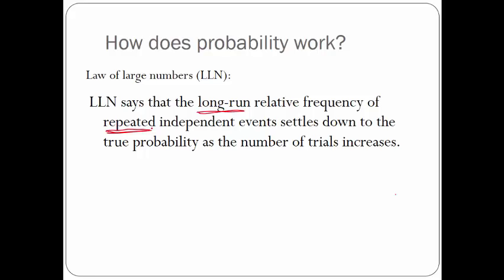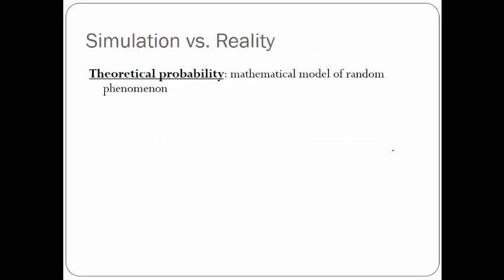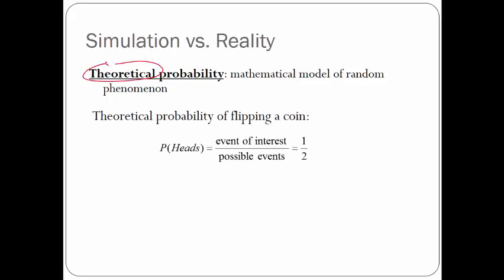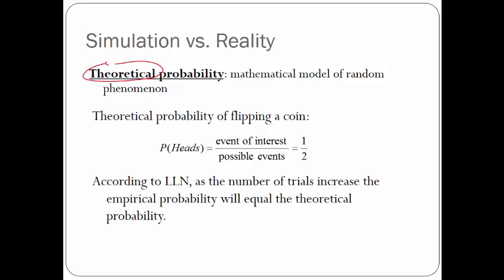In the long run, eventually things will settle down to the true probability as n increases. That true value is what's called theoretical probability. So the theoretical probability of flipping a coin is 50-50. According to the law of large numbers, as we keep doing larger and larger experiments, if we flip 1,000 coins, it's going to be pretty close to 500 of each.